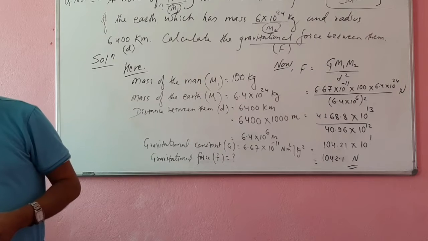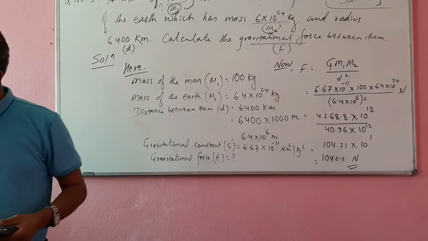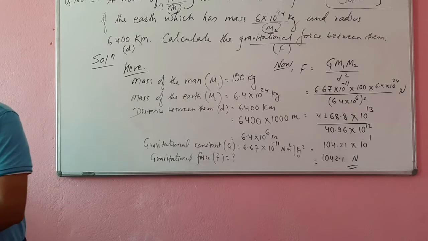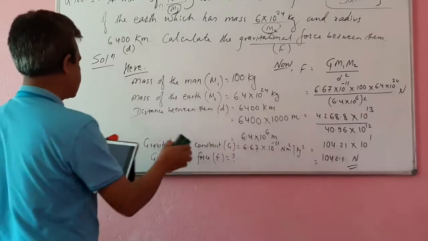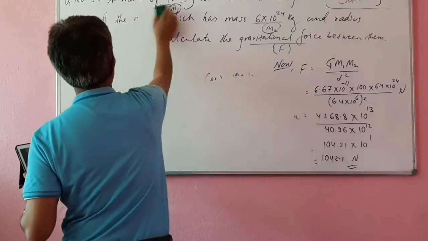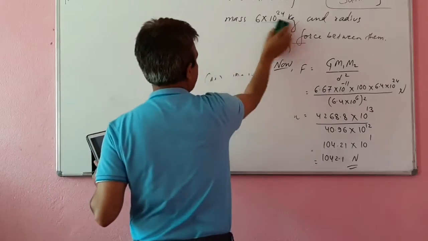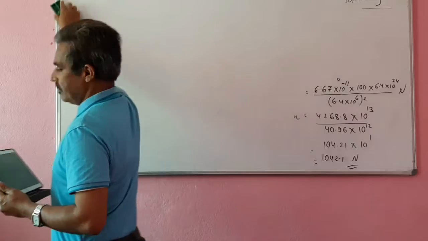Now students, what are we going to discuss? Second question. And finally, I forgot to tell you one thing. At last, you have to write down the answer. What to write down?